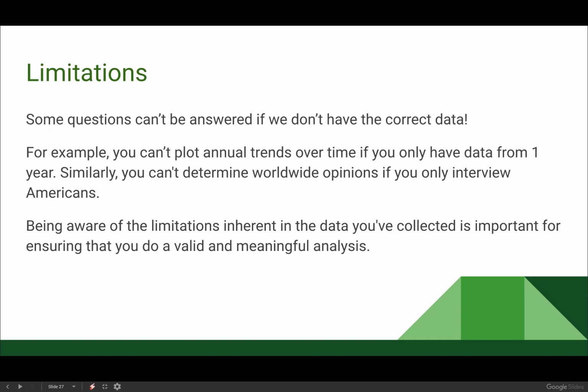So making sure that we're aware of the limitations of our data is important because we want to make sure we're doing valid and meaningful analysis with the data that we've collected. We don't want to do bogus analysis or produce potentially misleading results by showing information that might not be 100% accurate.